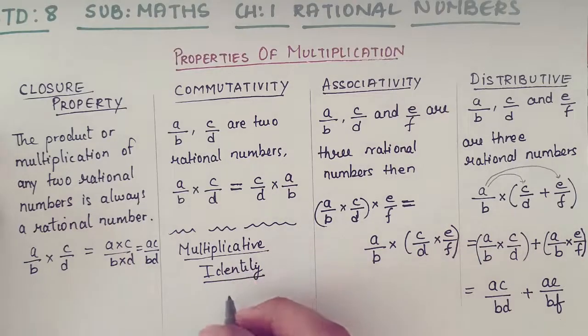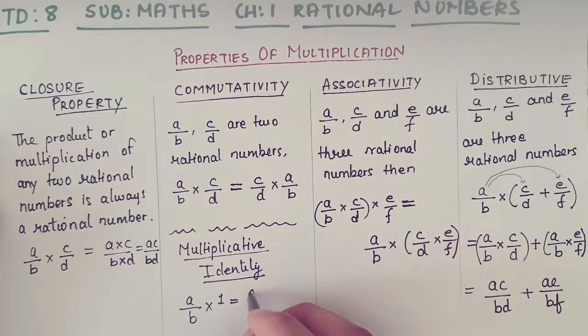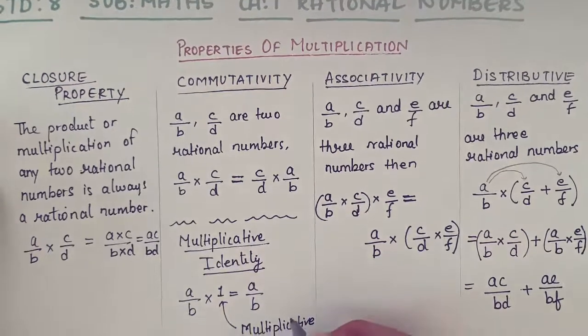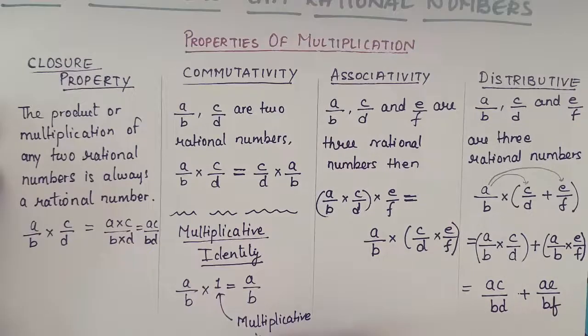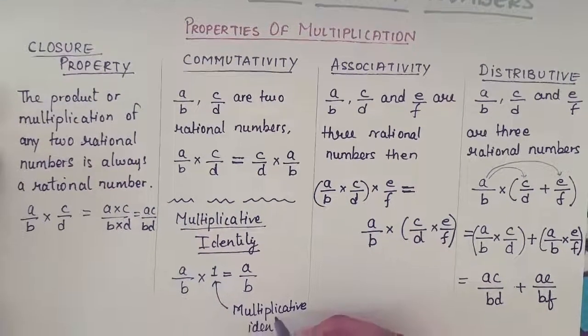Okay, and it is 1. So if I multiply a upon b with 1, what I will get? I will get the same answer as a upon b. So here 1 is what? Multiplicative identity.